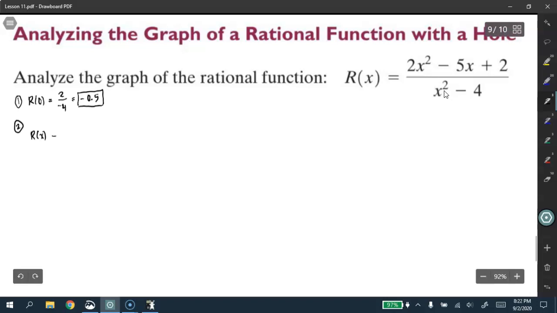In the numerator, you're looking for 2 factors of 4, because that's 2 multiplied by 2, which gives you 4. The factors that multiply to 4 but add up to -5 are -1 and -4, all right?